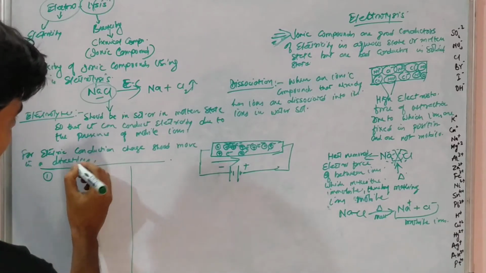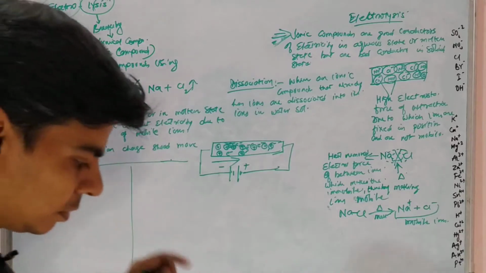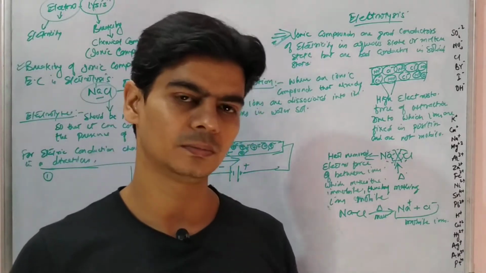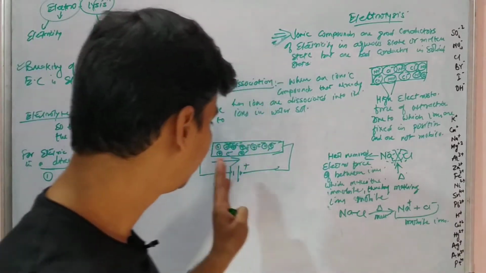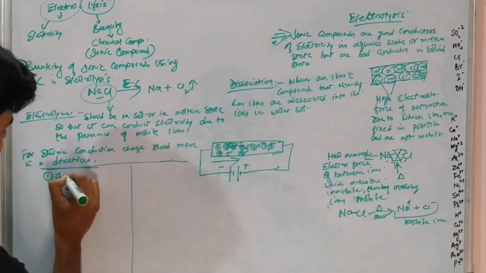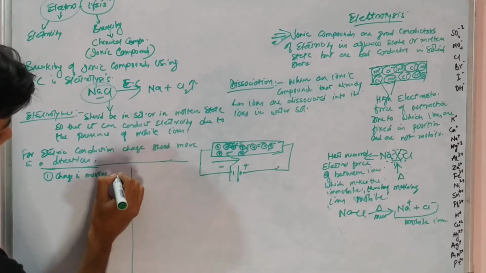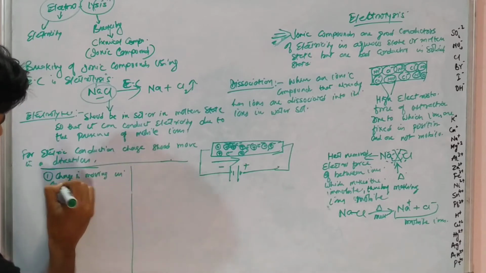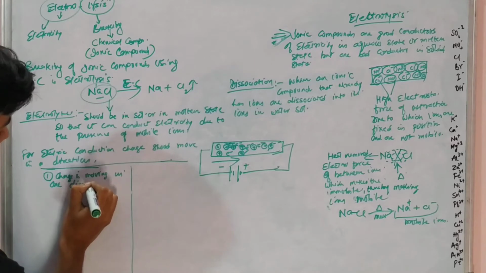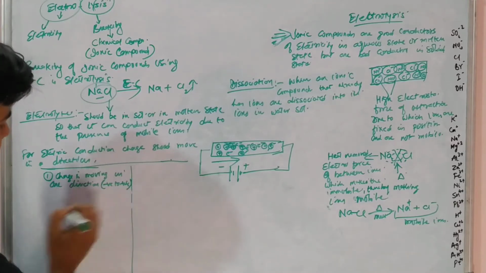In metals, the charge is moving unidirectionally, from negative to positive. This charge is moving in one direction, from the negative to the positive terminal of the battery.